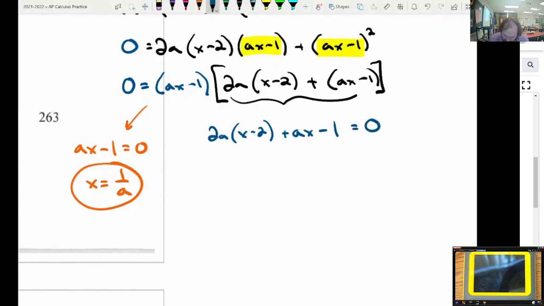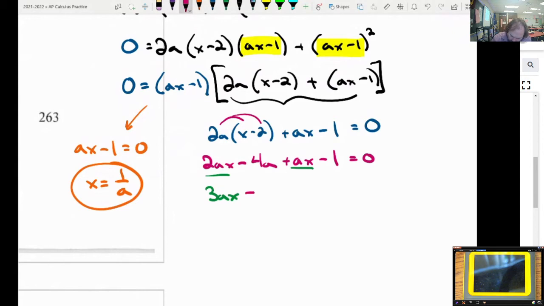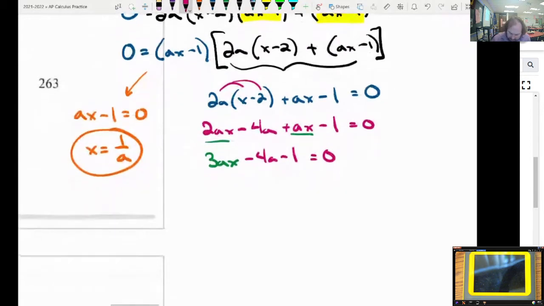Let's solve this for x. It actually won't be too hard to do, because if we distribute this, we get 2ax minus 4a plus ax minus 1 equals 0. And we can actually isolate the x really easily here, because we can combine the like terms together. This is 3ax minus 4a minus 1. And remember, we don't really care about what a is. We just got to get x by itself.